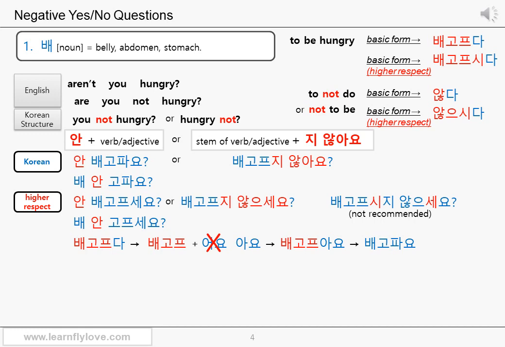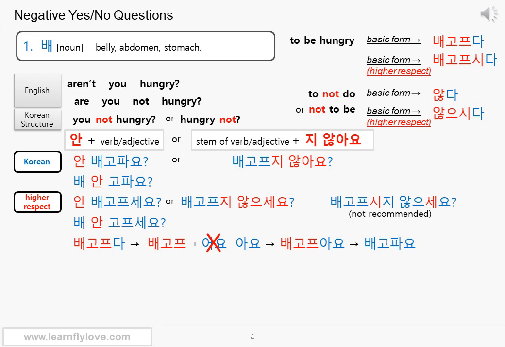So the ㅍ consonant in the former block combines with the 아 sound in the latter block, and it becomes the 파 sound. So it becomes 배고파요 rather than 배고프아요. 배고파요. Okay? But even though you forget that it's an exception and say 배고프어요 with the ending 어요, native Koreans would understand what it means. So we can guess that the 아요 or 어요 sound doesn't really seem to affect the meaning itself.